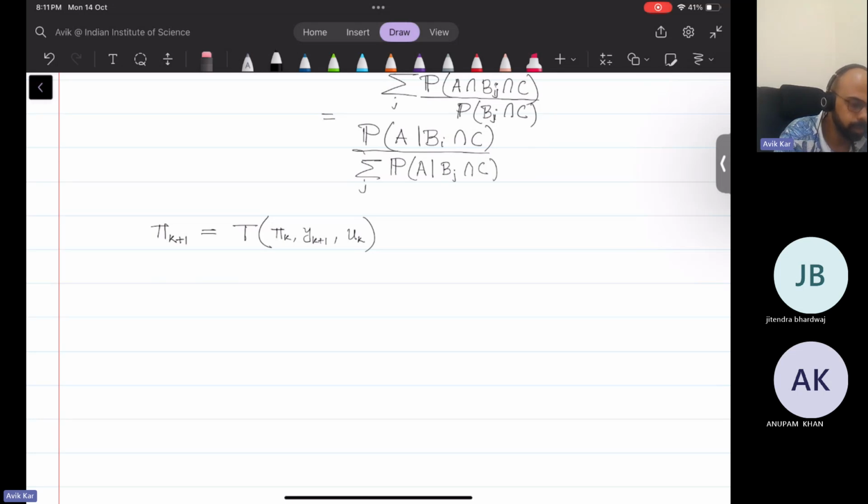So ultimately pi_{k+1} depends on pi_k. So the belief state is a Markov process, or Markov decision process because there is a control element in it.